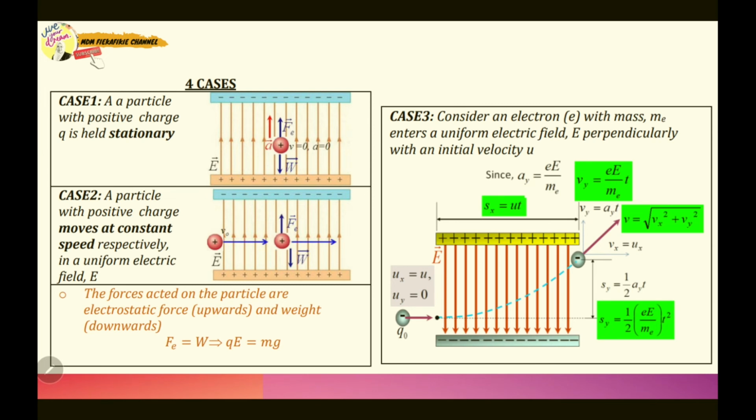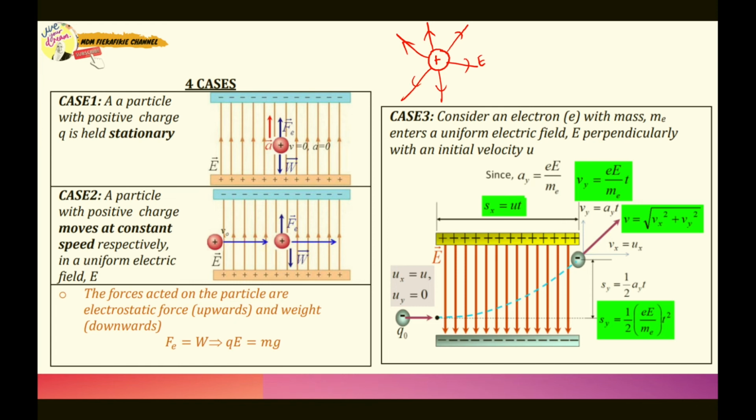While when we have an isolated charge, for example a positive charge, the electric field around the charge is a non-uniform electric field. So for subtopic 1.4, we are going to discuss the charge in a uniform electric field.